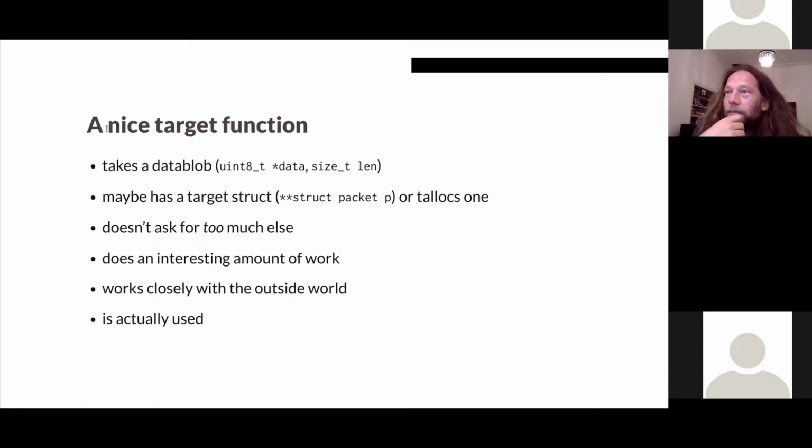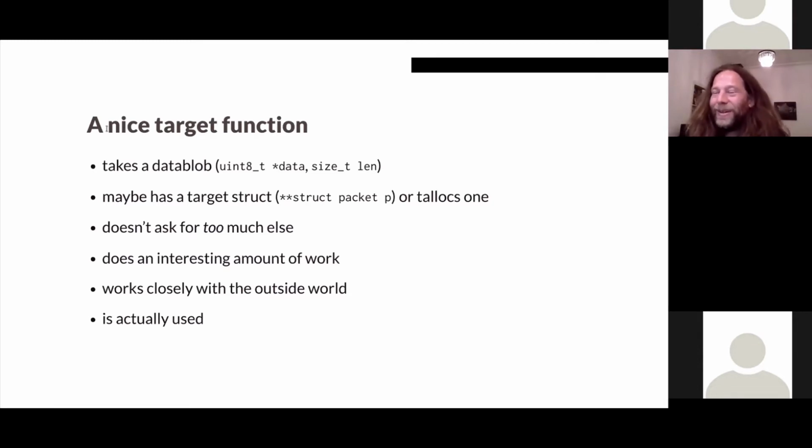So there's that in a slide. Often these kinds of functions will take in that thing and you give it a pointer to something to fill out, or it'll return a pointer or something. And when you look at it, if it's more than you think you can understand in a look, then it's fuzzable.